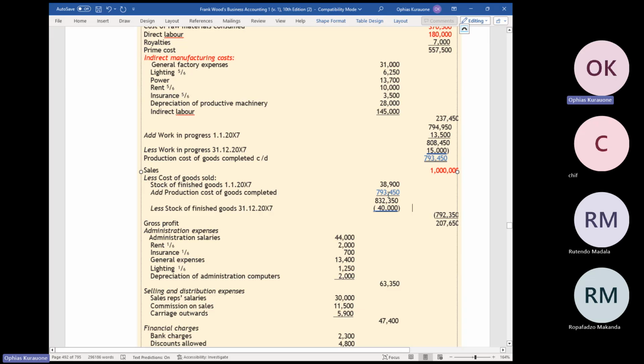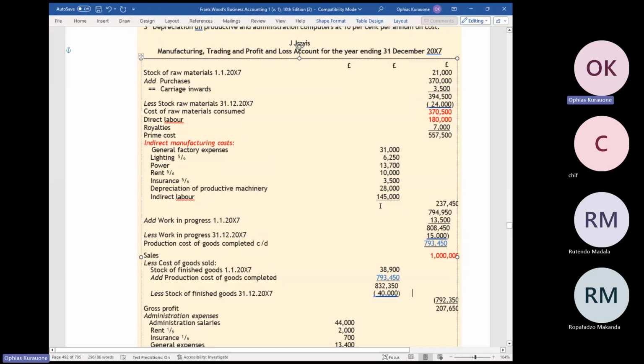Be very careful on this one. So step by step, this figure is going to be transferred here. If she has calculated on the manufacturing account, it's transferred here. Then after that, we get this figure, 232,350, stock of finished goods, this is given here.